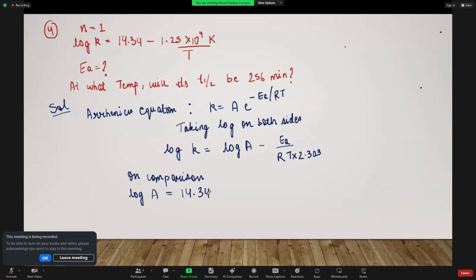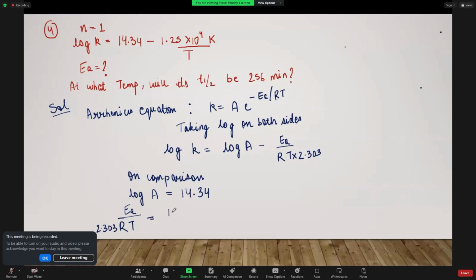But क्योंकि हमें activation energy चाहिए reaction के लिए, so what we will do is we will compare the other part. ठीक है, so that would be Ea by RT and 2.303 there.